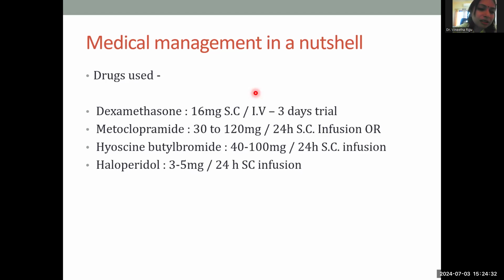And haloperidol is also a very good antiemetic which can be used because most often metoclopramide we are not able to use because the patient has severe abdominal colic. Metoclopramide, like you heard earlier, can worsen the abdominal colic. So that is why haloperidol is another wonderful choice that we have.